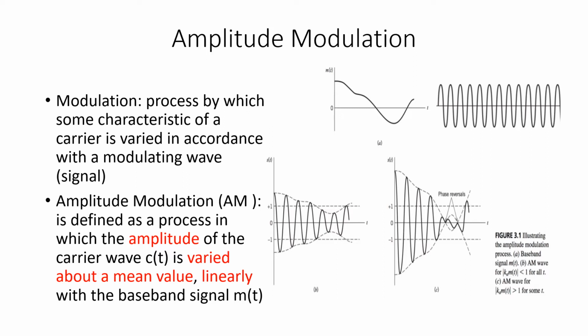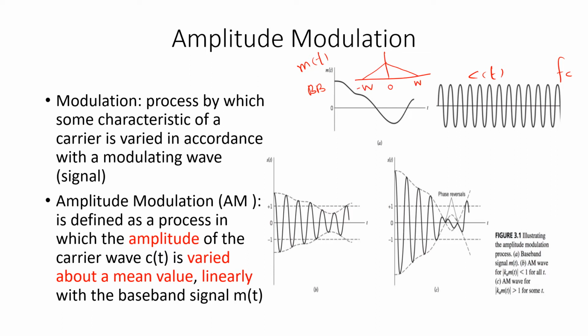It says amplitude of the carrier. So this is the carrier. Normally we'll represent the carrier as c of t, and it is a sinusoid of frequency fc. We'll represent our message signal as m of t. This m of t will be a baseband signal. By baseband signal, I mean it will have frequency content from 0 to a maximum of W hertz, and the spectrum will look like this.